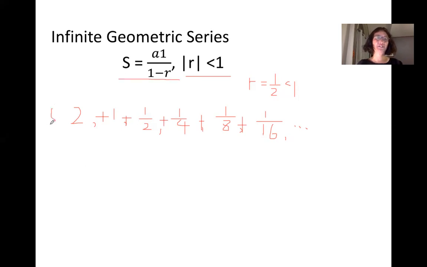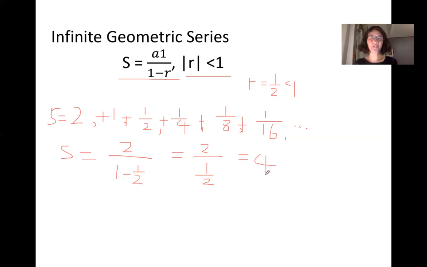S equals A1 over 1 minus R. A1 is 2, and R is 1/2. Simplify: 1 minus 1/2 is 1/2. So the result is 4.